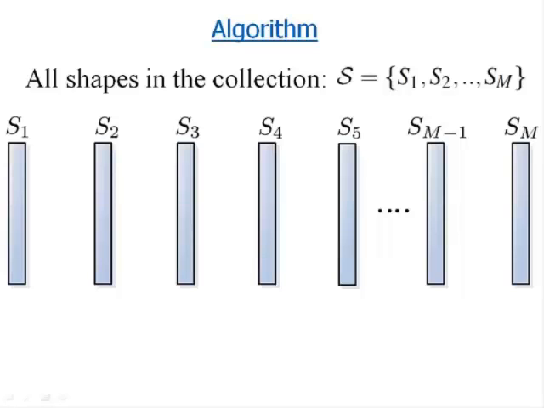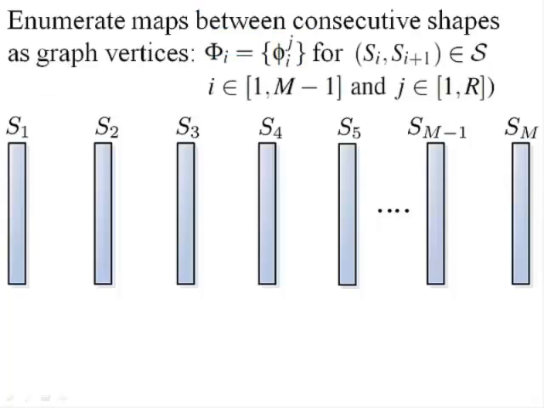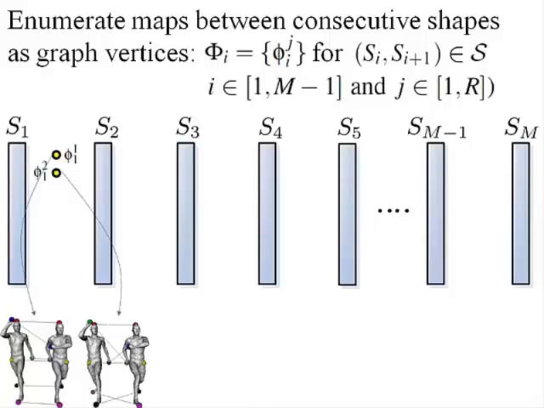Assume I am given these shapes S1 to Sm, and let's construct the graph. For that, I am enumerating maps between each consecutive shape. So let's start. This is my first graph vertex. This is another map. Note that it is a different permutation on the feed, please.